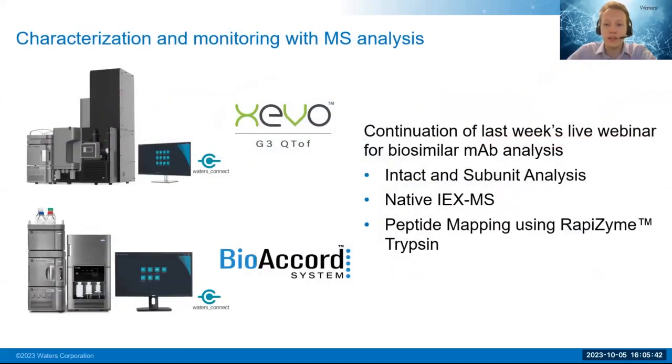In case you missed last week's episode of the Biosimilar webinar series, our colleague Samantha Ippoliti presented on a characterization at the intact, subunit, and peptide level of biosimilar mAbs using the Xevo G3 QTOF mass spec.